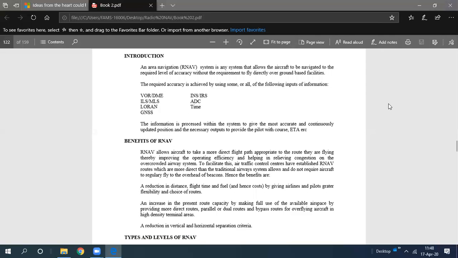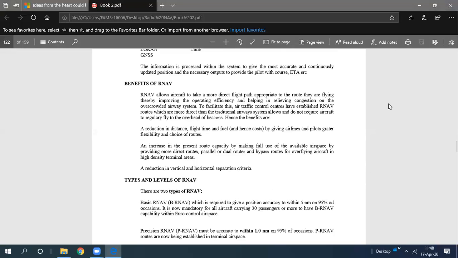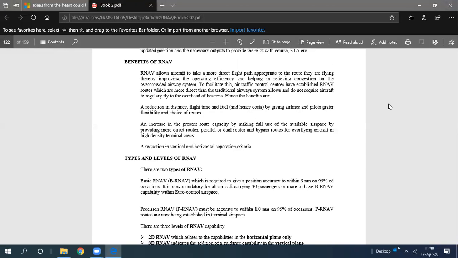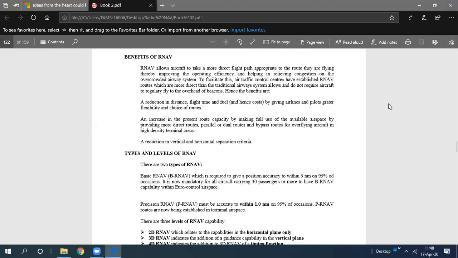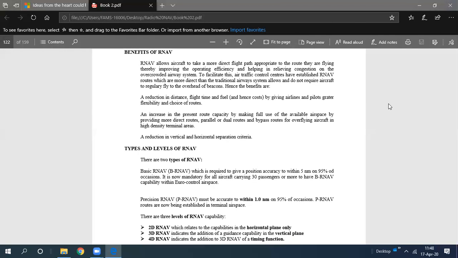The basic introduction of RNAV is divided into two groups. There are two types of RNAV. One is called the precision RNAV, which we are not going to be discussing at the moment. We will be discussing only the basic RNAV, which is of course a part of our syllabus, right?